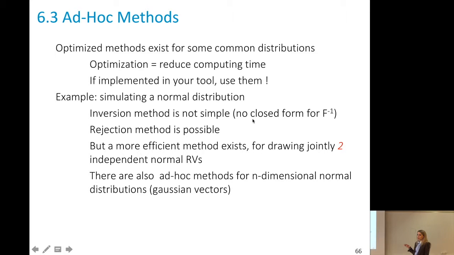We can apply rejection sampling for the normal distribution. It's possible, but there are more efficient methods. For example, with a change of variables in the normal distribution, we can draw a sample from the normal distribution using the Rayleigh distribution, whose F can be inverted, and the uniform distribution.